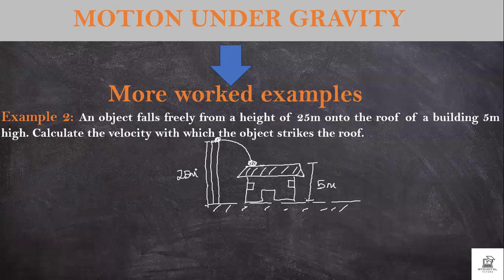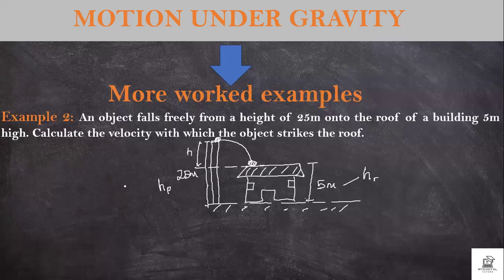So all we need now is the height of the object from the platform to the roof. This time around, it's not from the platform to the floor, but from the platform to the roof of the building. So from here to here is our height that we are looking for. Here is our H. We call this one H of the platform, HP, and this one H of the roof.